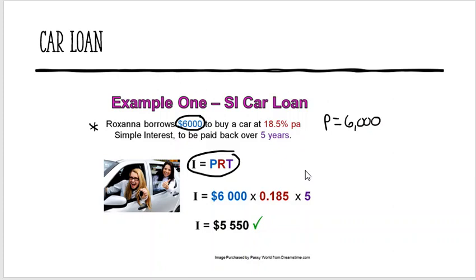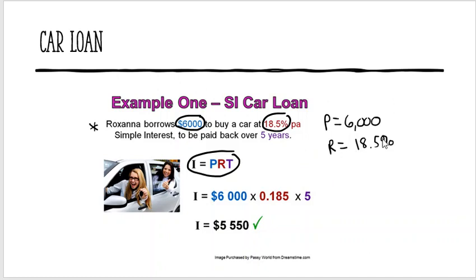Okay, so that's $6,000. And then it says to buy a car at 18.5%. Now that is going to be your interest rate. Your interest rate is 18.5%. And then remember that I told you your interest rate always needs to be changed into a decimal in order to plug it into the formula.